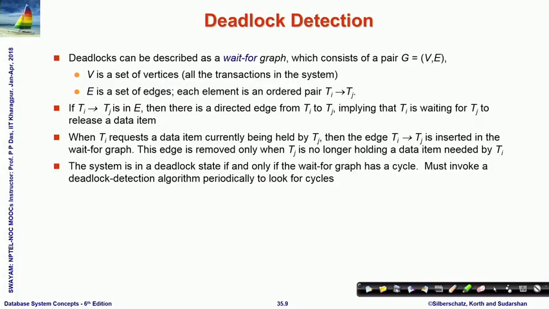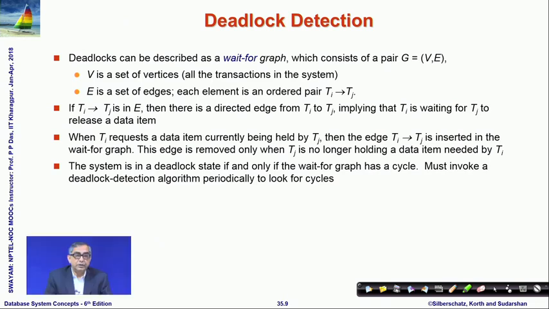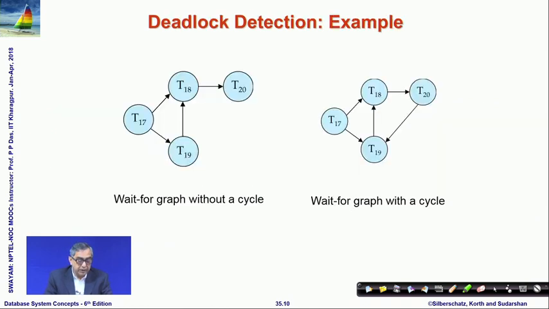So, what you will need to do is periodically run another process which invokes deadlock detection in the graph, that is, it looks for cycles, and if a cycle is there, then you have to use some strategy to roll back, abort one of the transactions and break the cycle, so that the other transactions can proceed.